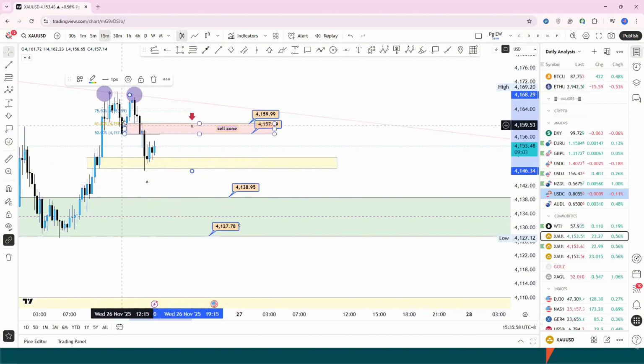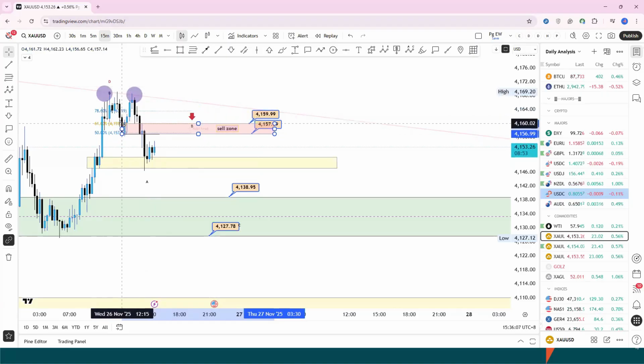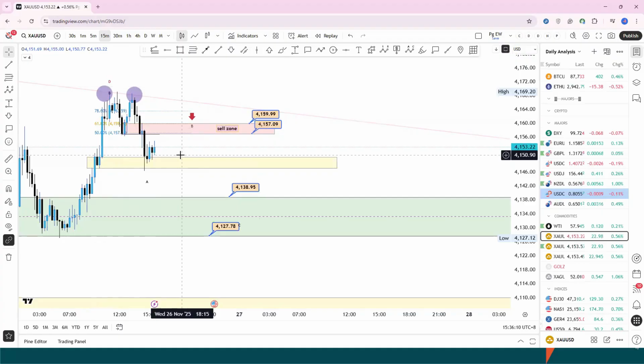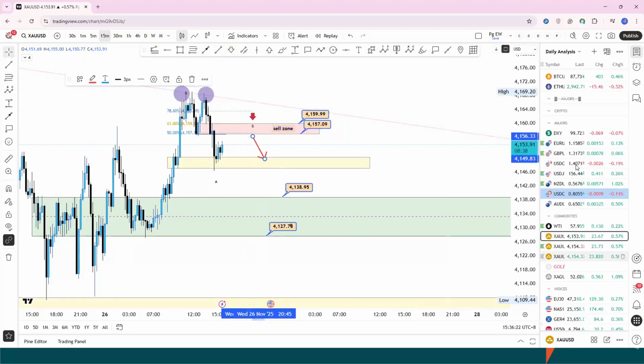If you want to stretch it, this is your sell zone. Then you put the stop loss above the high. Okay, if you want to include 78.6, but the OB is somewhere around here. All right. We come back to this later.